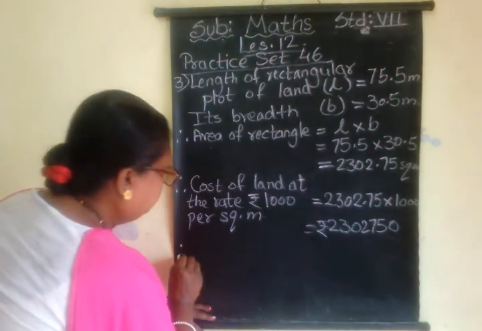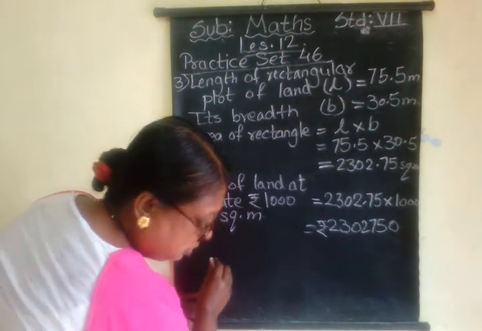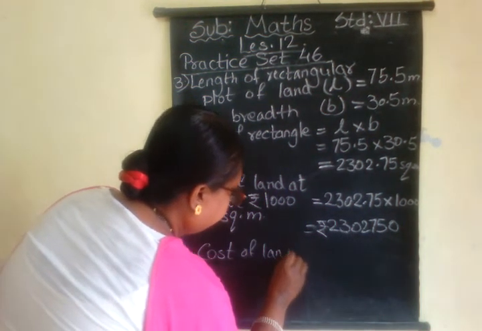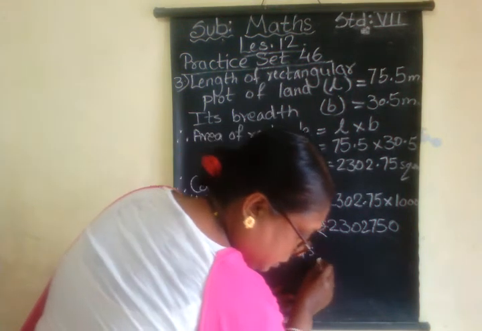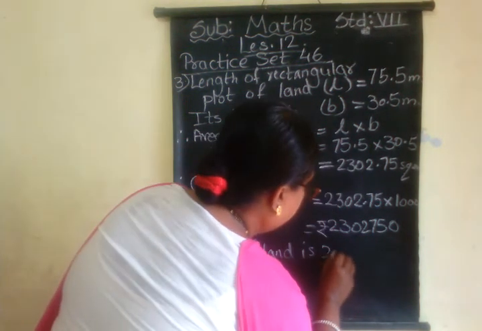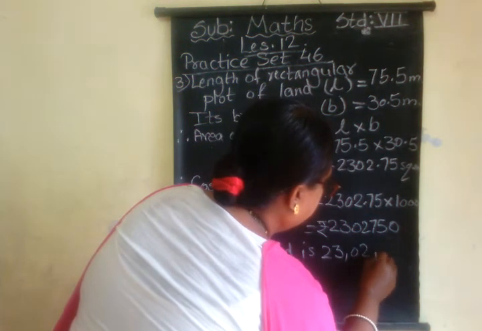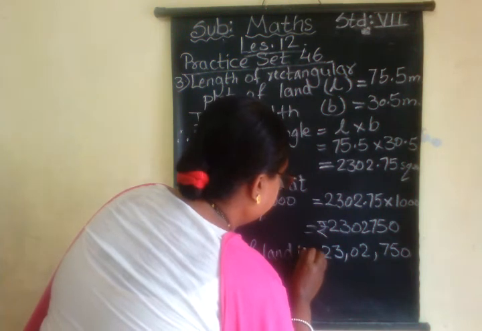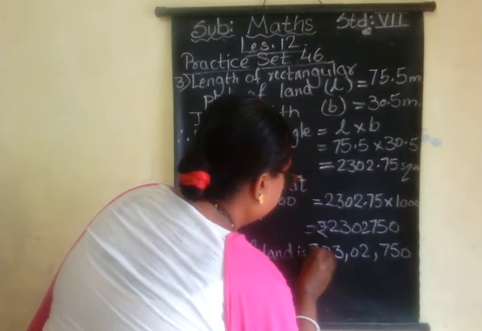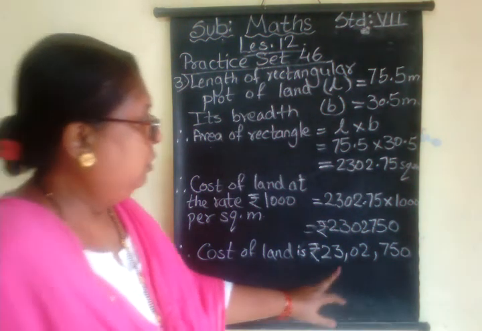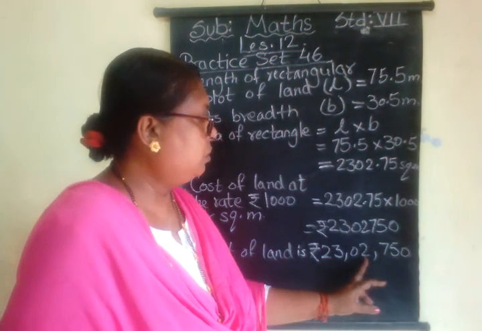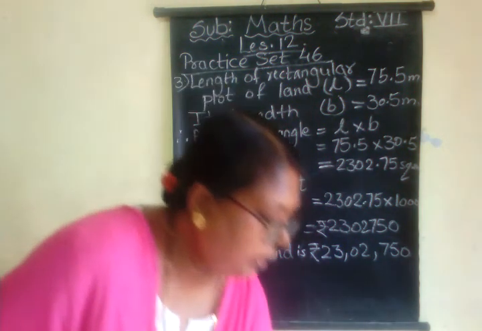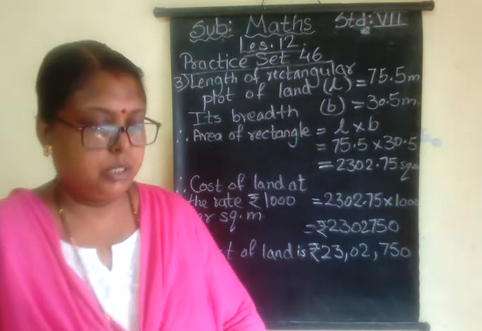So therefore, cost of land is ₹23 lakhs 2,750. 2,750 is the cost of the land. Okay. Now move on to the fourth sum.